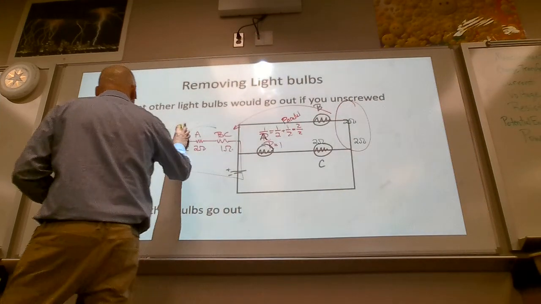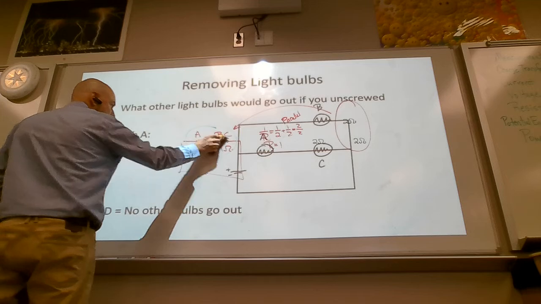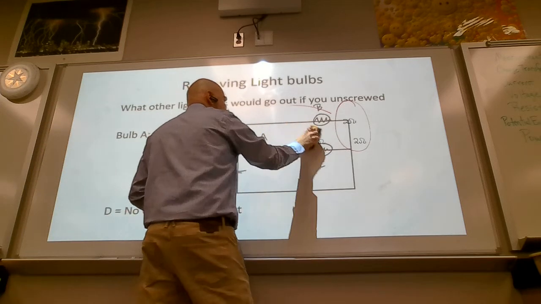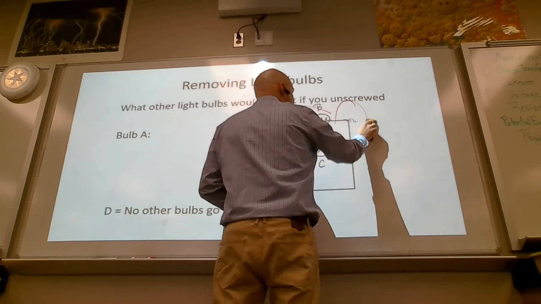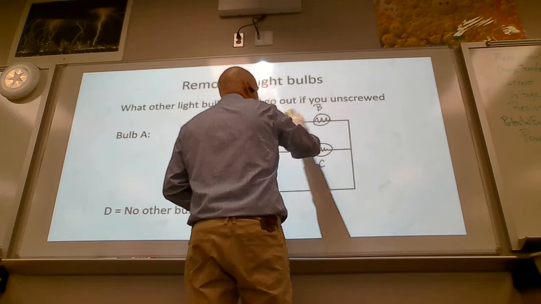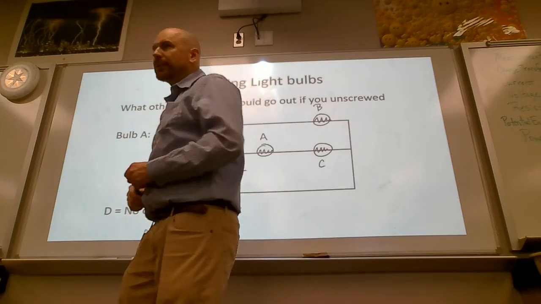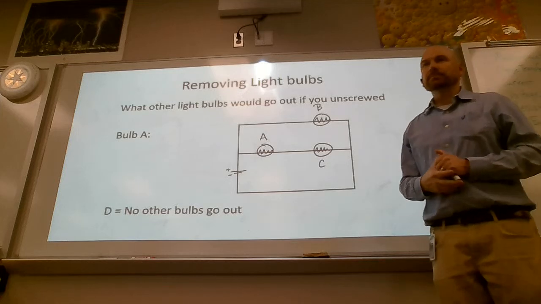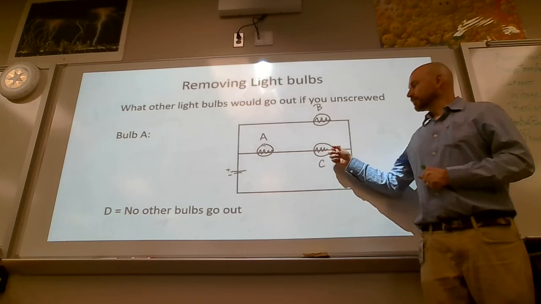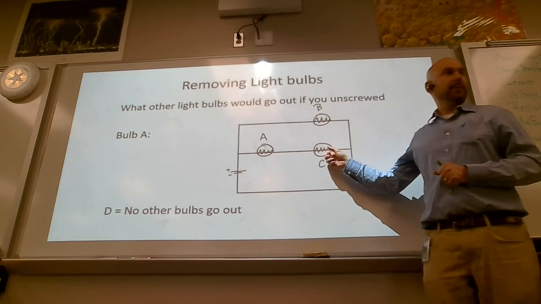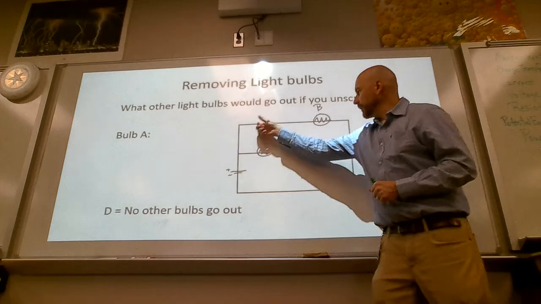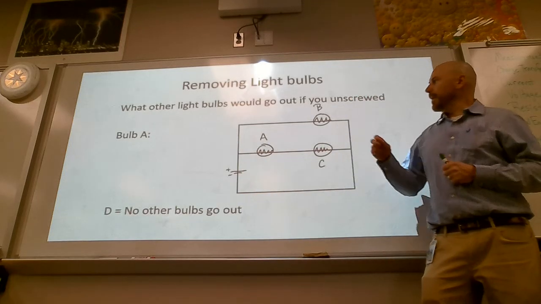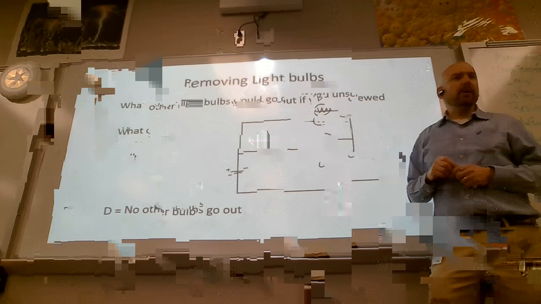This is circuit 7. If I pulled out light bulb A, what other light bulbs go out? C goes out. Everybody okay with that? Can't do this. If I pulled out light bulb B, what other light bulbs go out?